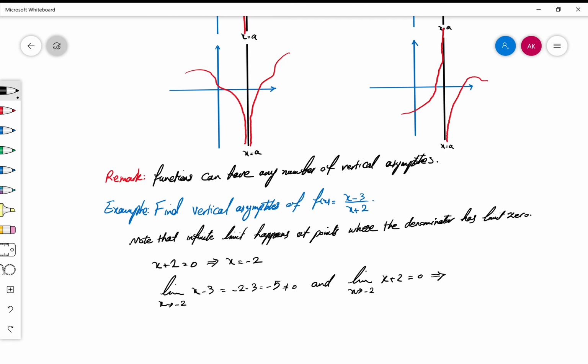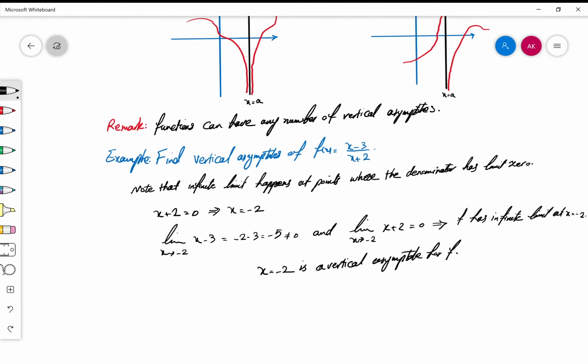Right away, that means that f has an infinite limit at x equal to -2. Well, that means that x equal to -2 is a vertical asymptote for f.